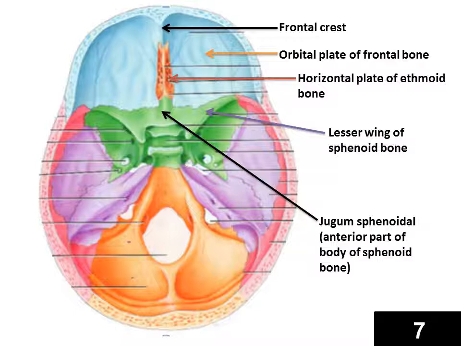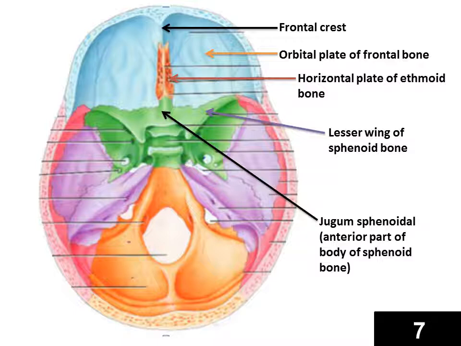Now behind this we have the anterior part of body of sphenoid اللي هو باللون الأخضر واللي مأشر عليها بالسهم الأسود، وهذه نسميها جاجم سفينويدال. أنا ما بدي إياها منكم جاجم سفينويدال، كل ما أريد اللي بين قوسين anterior part of body of sphenoid.